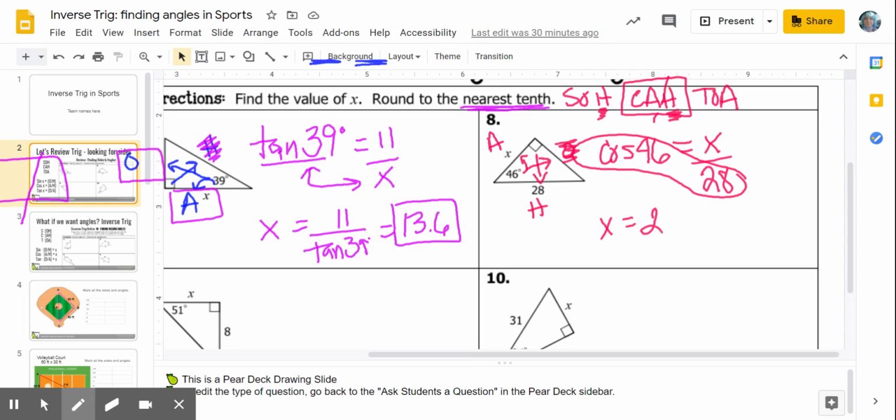So x equals 28 times cosine 46. So what do we get when we do that in the calculator? That's what I got too. X equals 19.45. And because the hypotenuse is 28, that answer makes some sense, right? Should be smaller than 28 anyway.